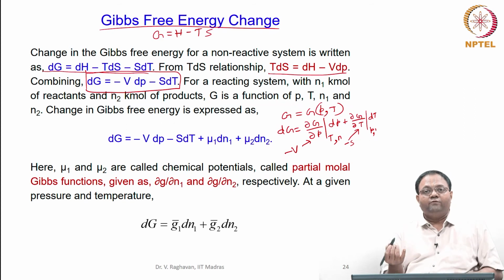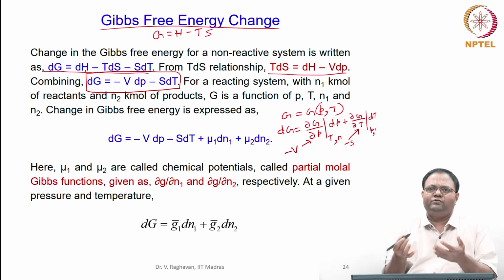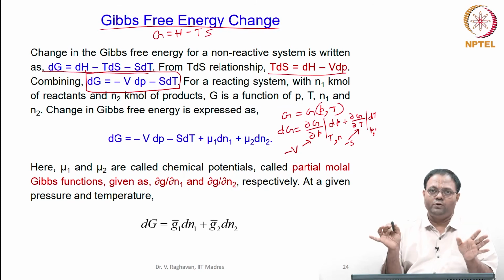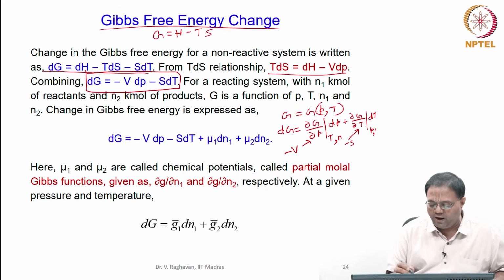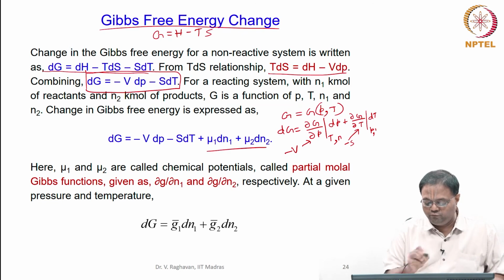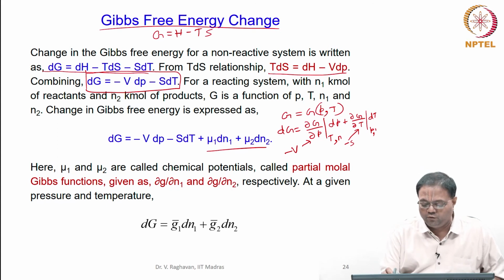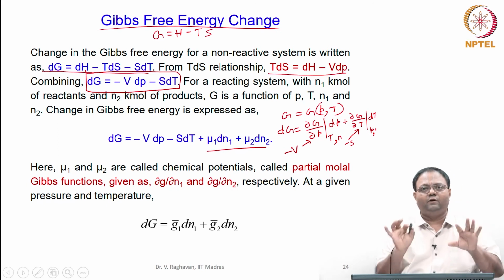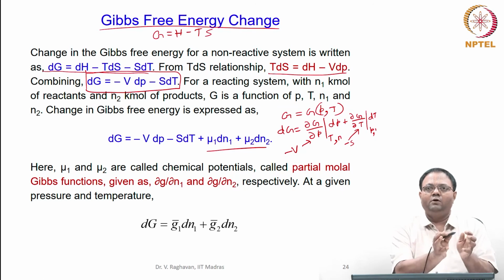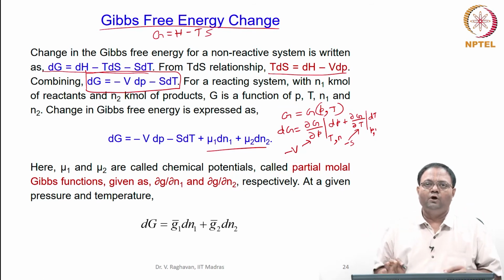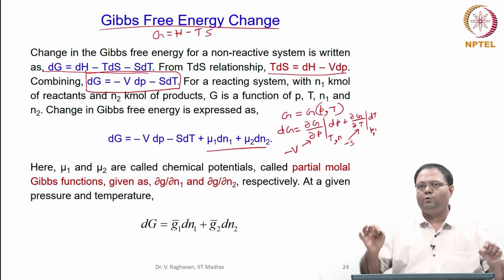Now if there is any reaction or any phase change, when the number of moles is going to change, then we have to add a few more terms here. For example, let us consider a reactive system with n1 kilomole of reactants. Let us group the reactants into one species, say reactant species, and products into product species. When reactants are consumed, product will be formed.